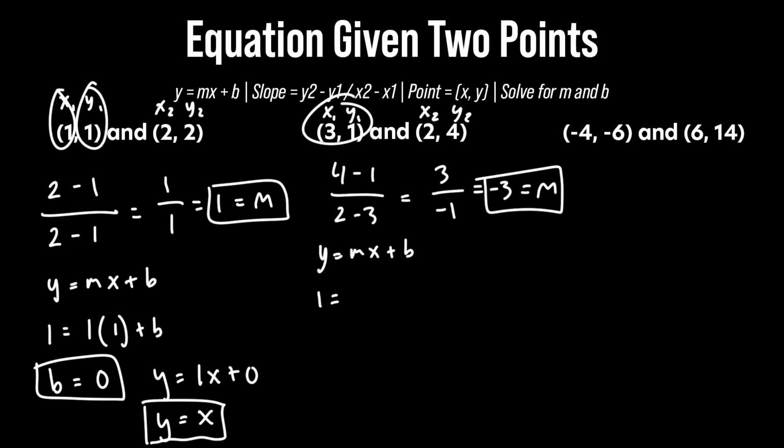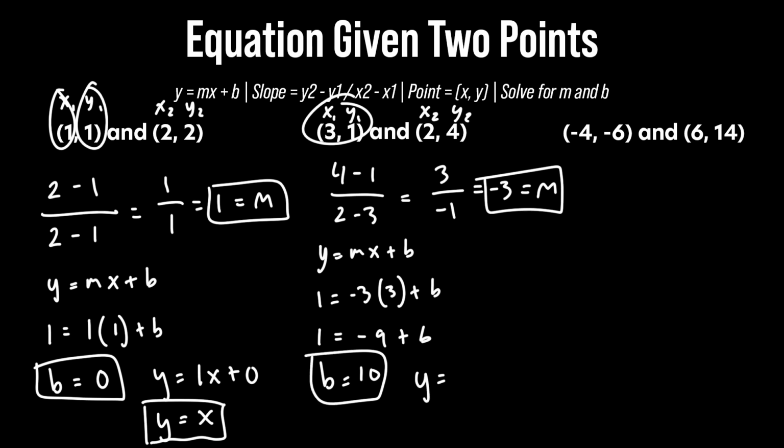That's 1. M is negative 3, and x is 3, plus b. So we have 1 is equal to negative 9 plus b. So b is equal to 10. So we found b, and now we can write our equation. Y is equal to mx plus b. So m is negative 3 plus 10. Bam, that's our equation. Here's the last one.